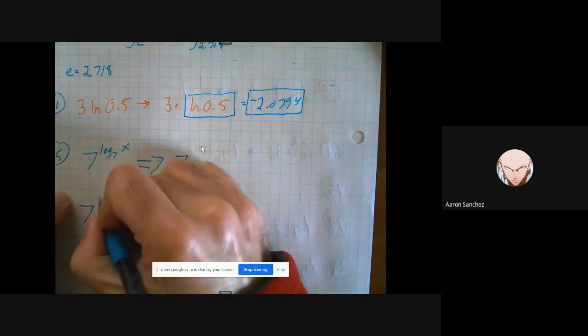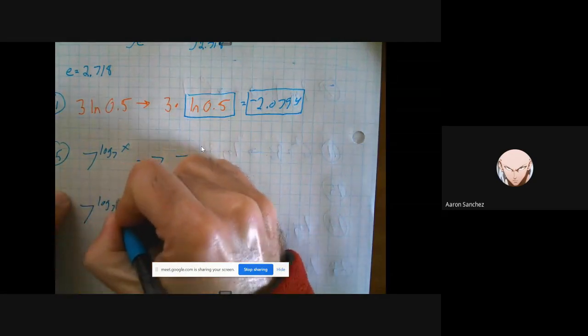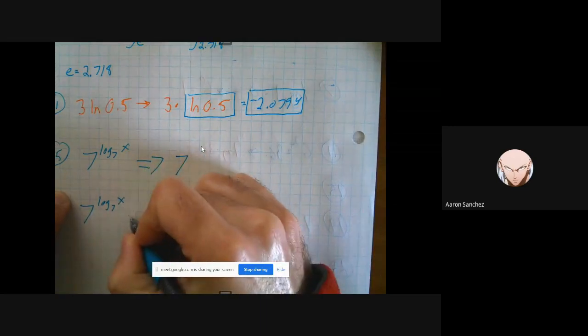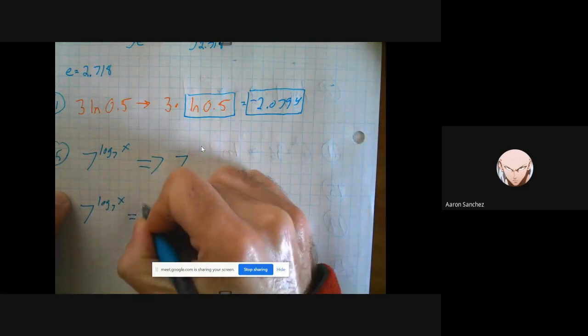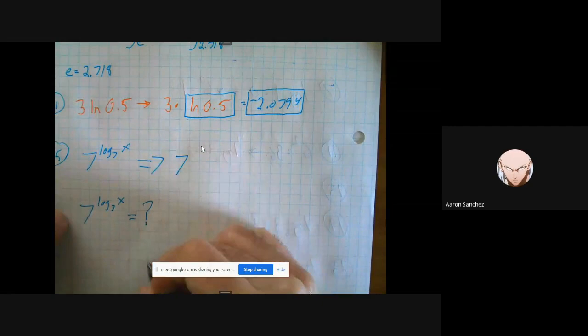My exponent is a log. So this is in exponential form, 7 to the log base 7 of x. Let's write it in log form. So what does that equal?